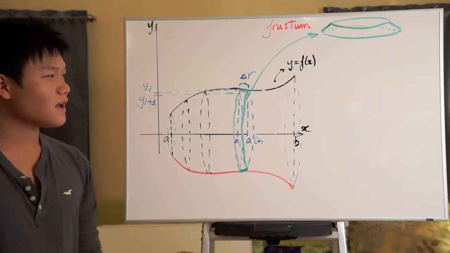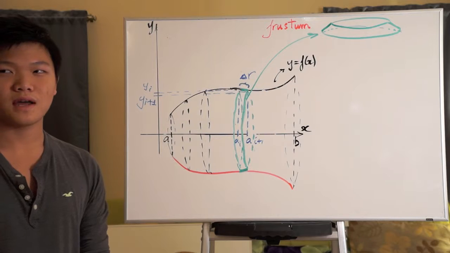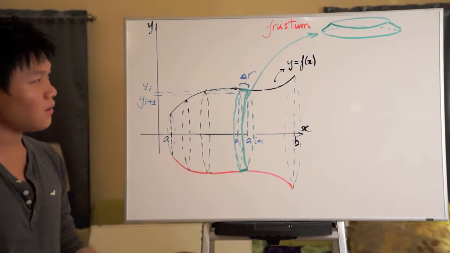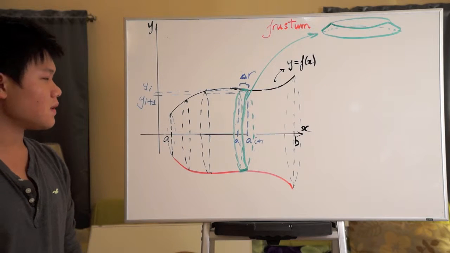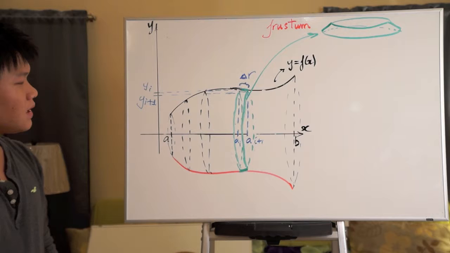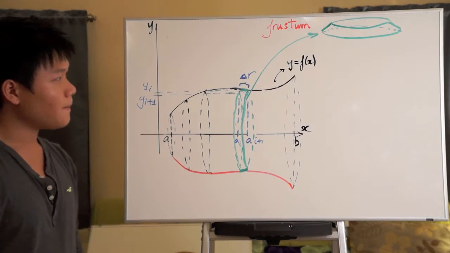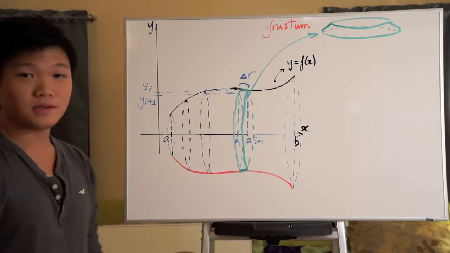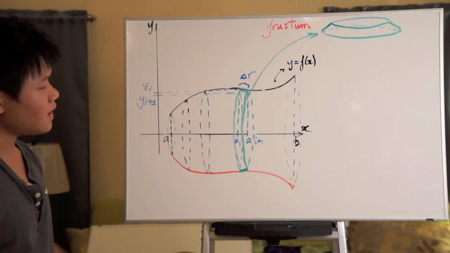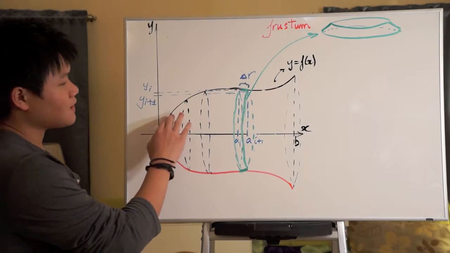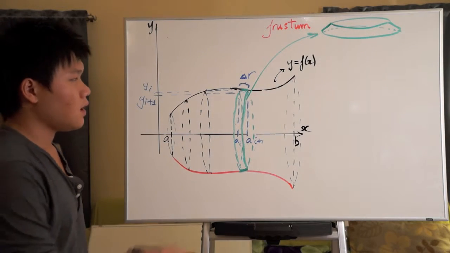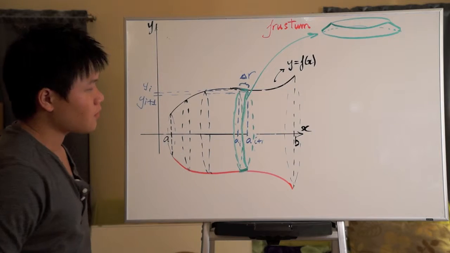Hello, today I'm going to show you guys how to calculate the surface area of a certain graph, y equals f(x), revolving around a certain axis. In general, we have the function y in terms of x revolving around the x-axis, and let's say we have some arbitrary continuous and differentiable function from a to b.